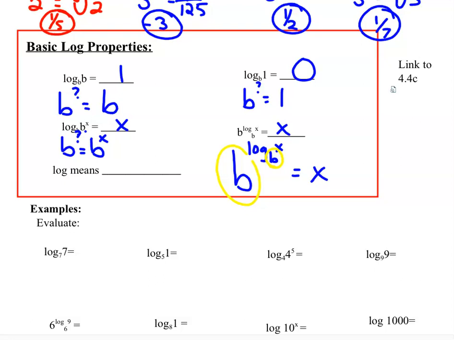Our whole number system is based on base 10. So when we write log, it means log base 10. We often refer to this as common log. If you see a log with no little base number written in there, it's implying a base 10.